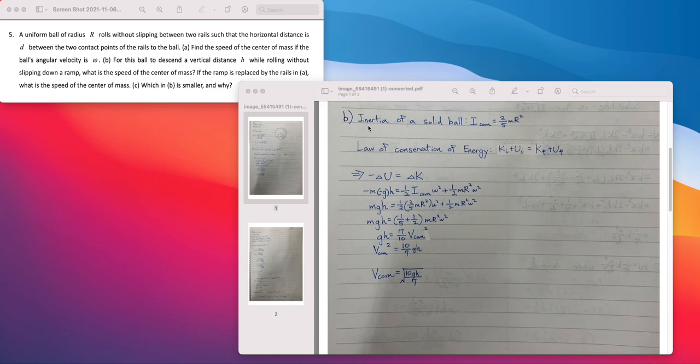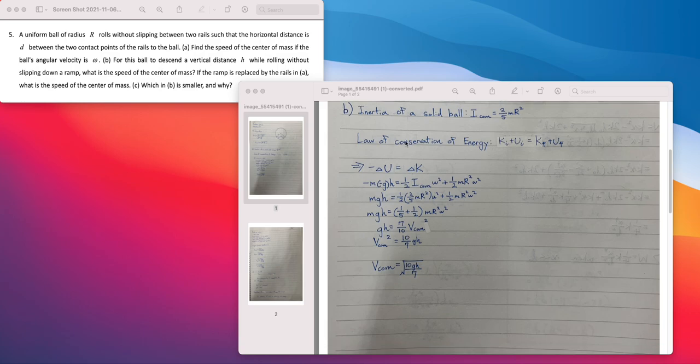We know that the inertia of a solid ball is equal to 2 over 5 times m times r squared, and that the law of conservation of energy states that the sum of the kinetic and potential energy of the initial position is equal to the sum of the kinetic and potential energy of the final position.